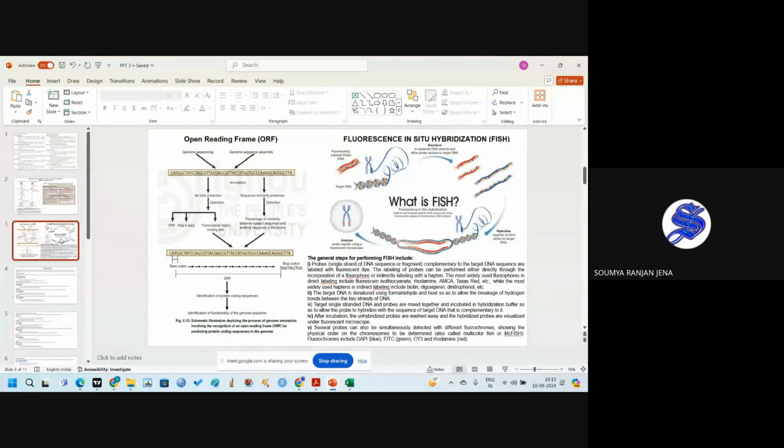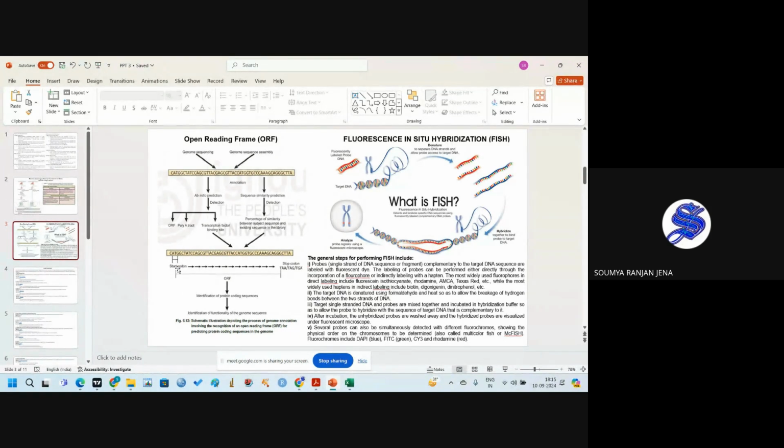Then next, how do we know the open reading frame? First, what is an open reading frame? In an open reading frame, the DNA has one start codon and one stop codon, and codes for a protein. That is called an open reading frame.